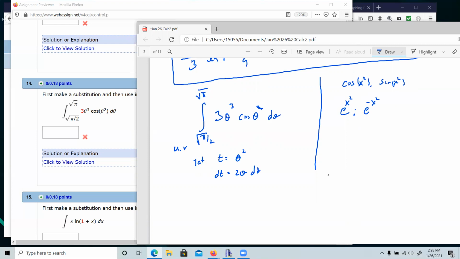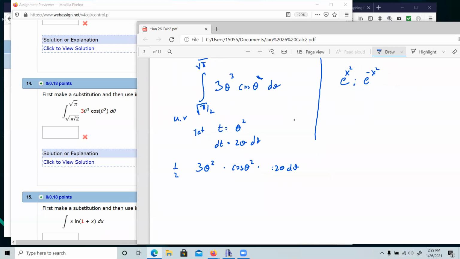So what I'm going to do here is say this is 3 theta squared times cosine of theta squared times 2 theta d theta. Because I introduced a 2 here, I'm going to put a 1/2 out in front. Those cancel.